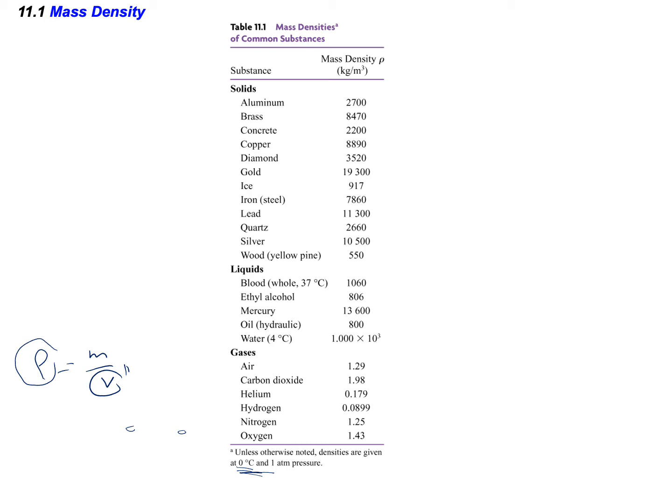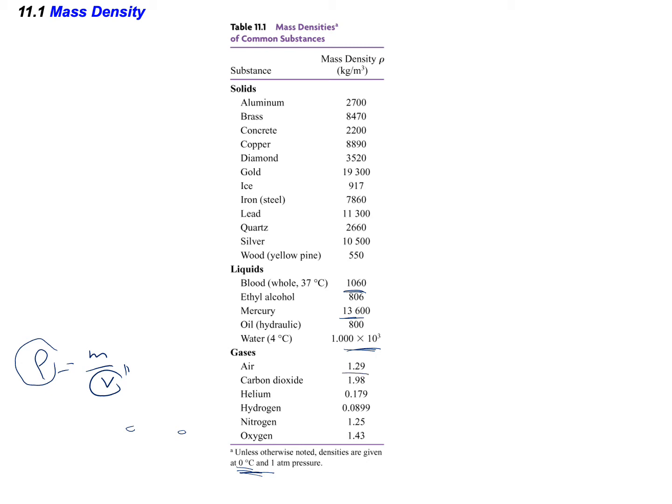We see a couple of common densities: aluminum 2700 kilograms per cubic meter. Water, 1060 kilograms per cubic meter. Mercury is the highest density, 13,600 kilograms per cubic meter. Water at 4 degrees, 1000.